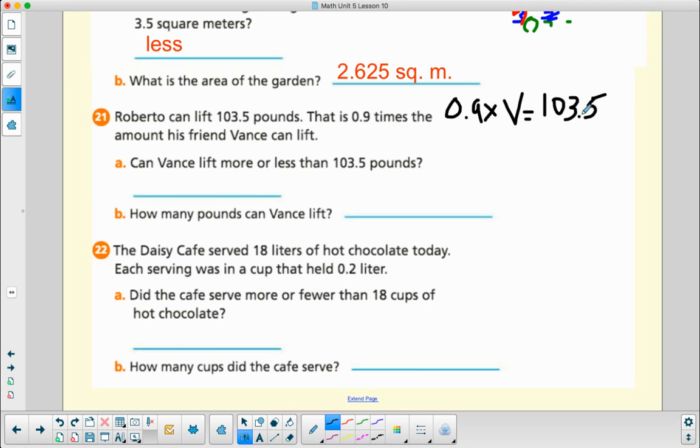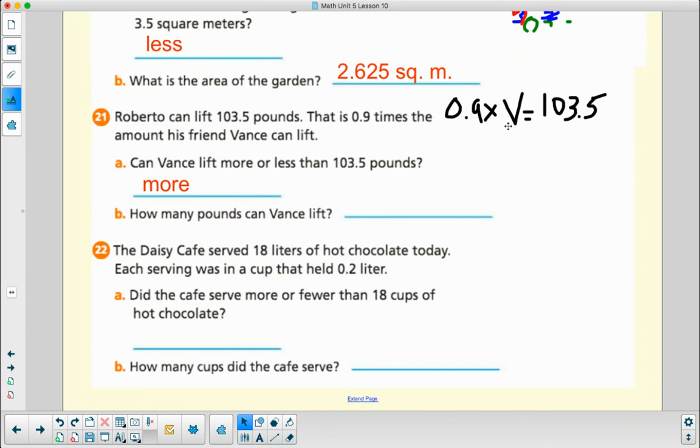So 103 5/10 is less than 1 whole group of Vance. So that tells me that Vance must lift more. And I'm right.